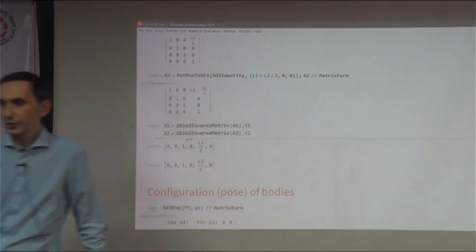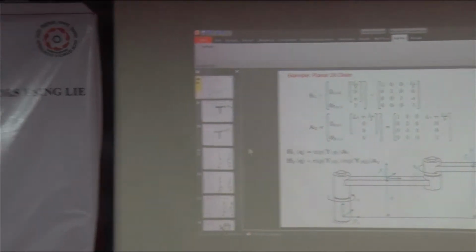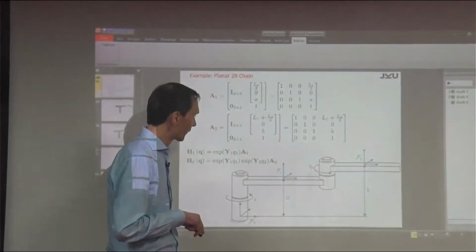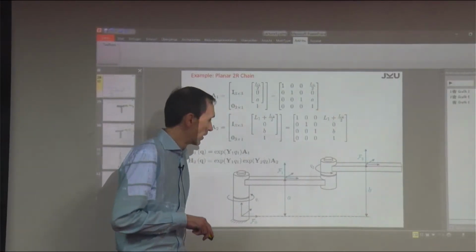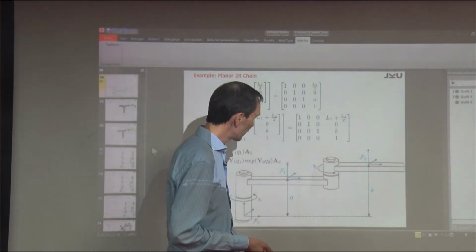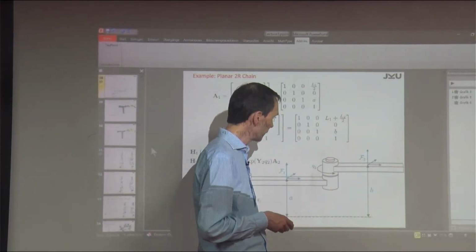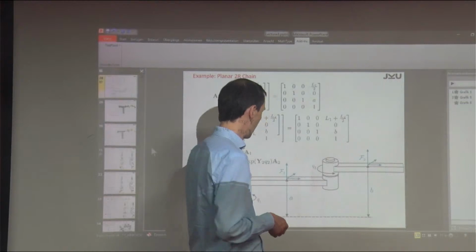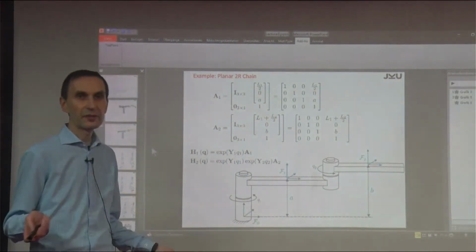Okay, and this is the body fixed screw coordinate of joint 1 expressed in F1. Now what I need for the second joint is the body fixed screw coordinate, capital X2, of that joint in this frame, relative to this frame. And it's essentially the same, right?